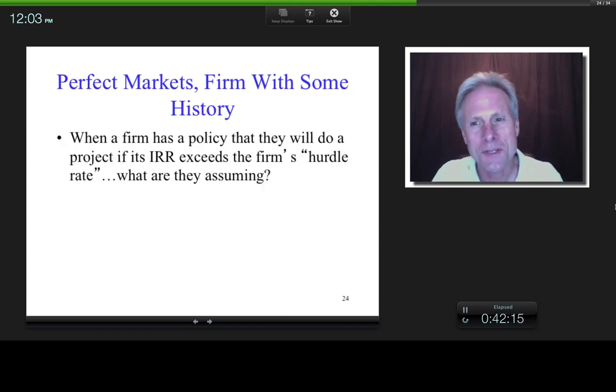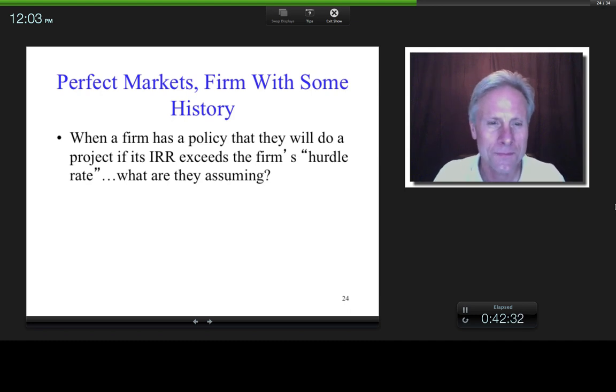Now, some companies will say, all right, we'll have a policy where if the internal rate of return of the project exceeds the firm's hurdle rate, then we'll do it. So there's quite a number of terms in there.